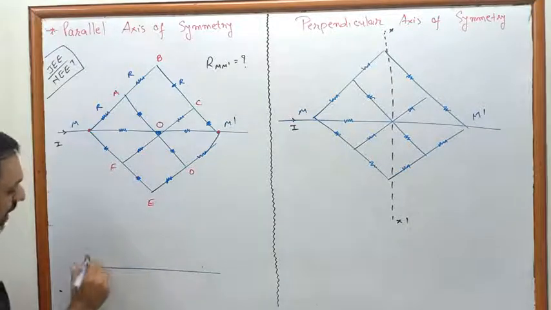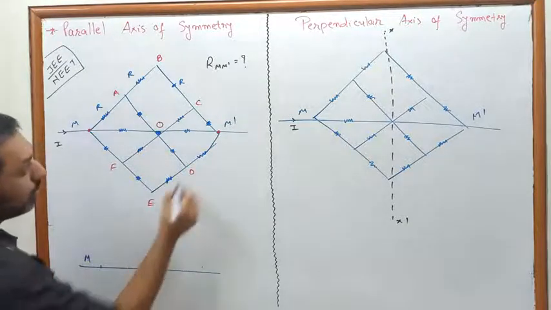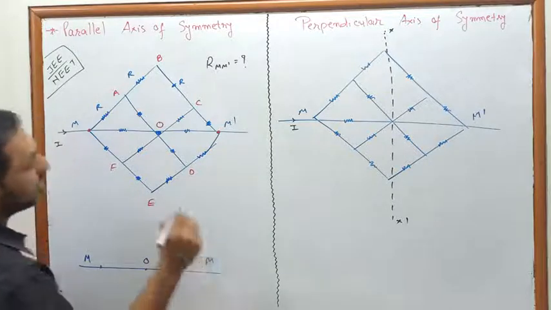Consider this point M, this point O, and this point M dash.